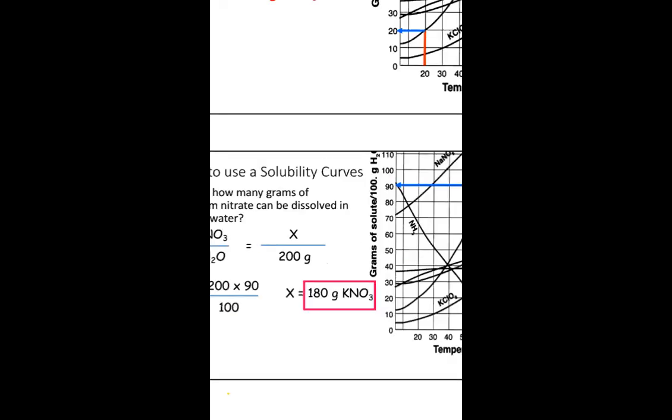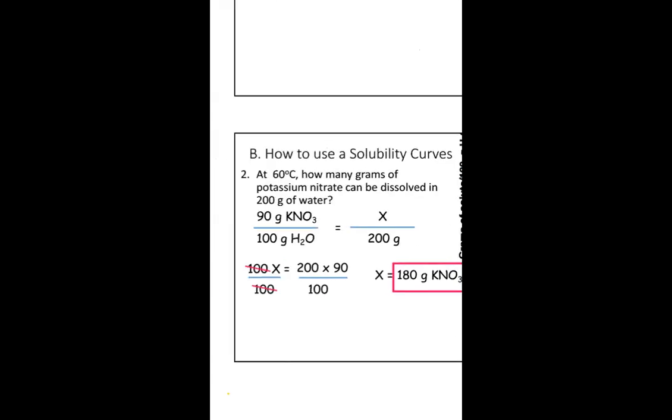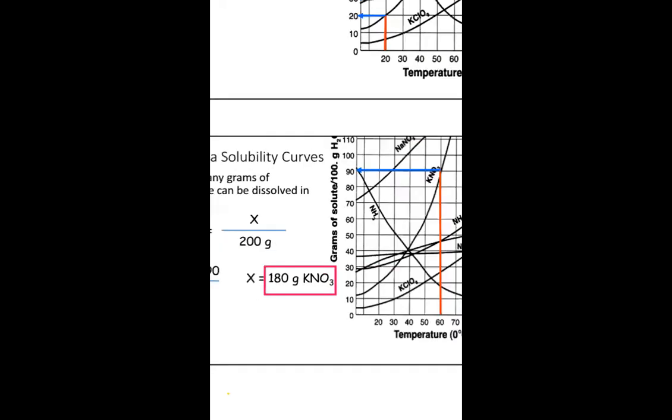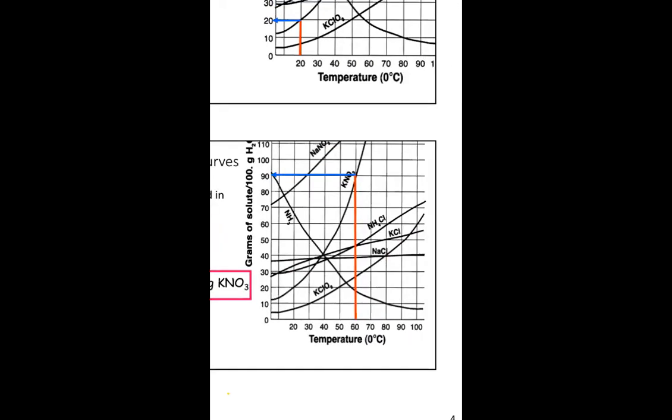So what you do here is, since the temperature is 60 degrees centigrade, you move to the graph. Let's locate 60 degrees centigrade. You can see 60 down. So the salt in question is potassium nitrate, that's KNO3. You can see the curve, the way it goes.